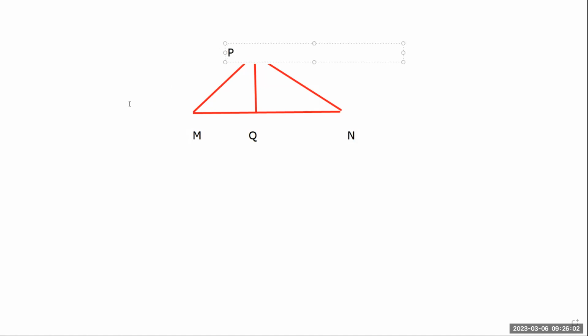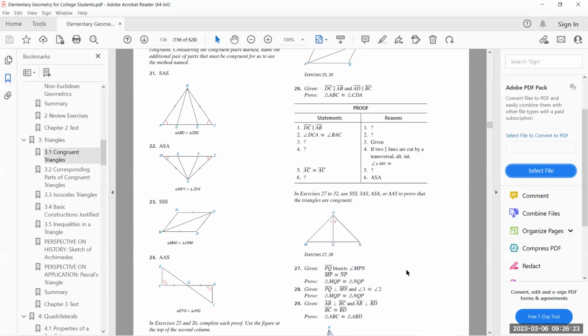So now, if I'm doing the proof, if you're having trouble seeing it, I would break it apart. Where's the book here? So what it wants me to prove for 28 is that the triangle MQP is congruent to NQP.